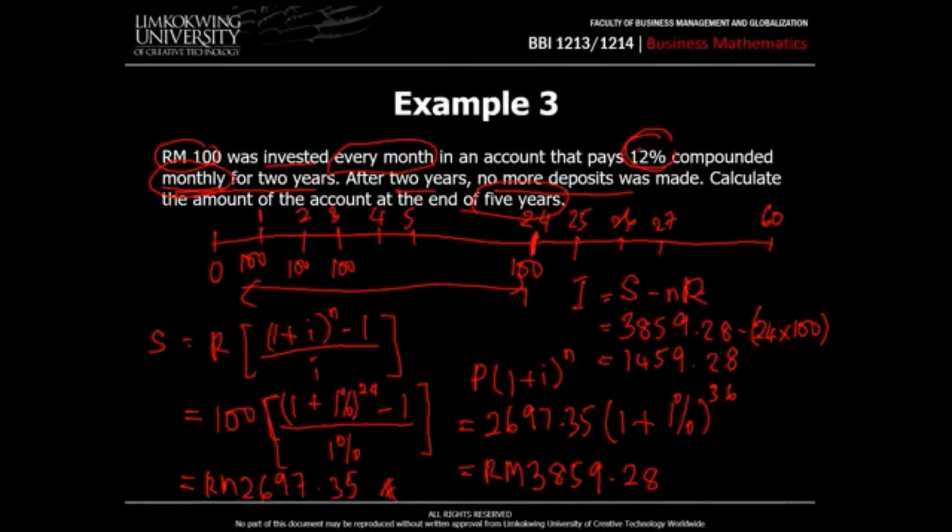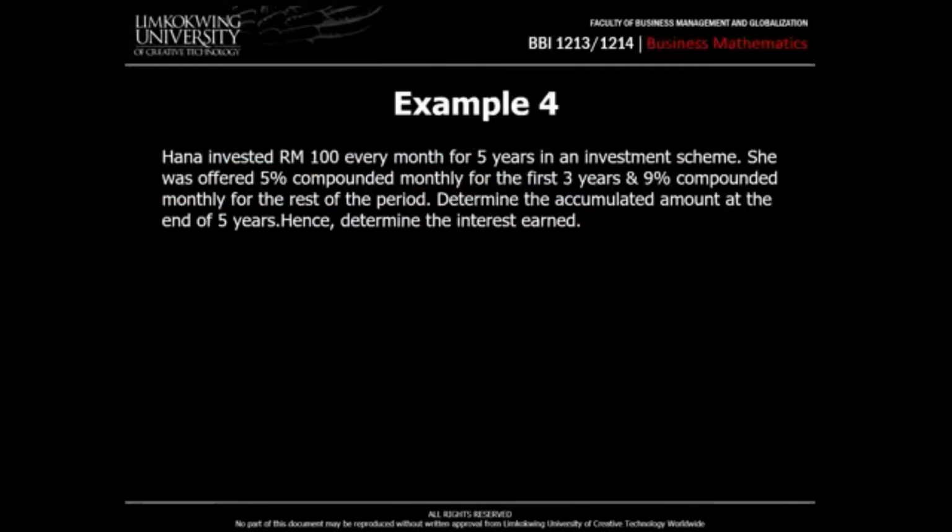All right, so any questions so far? Okay, if no question, then we proceed to the next example. Hana invested 100 ringgit every month for 5 years in an investment scheme.